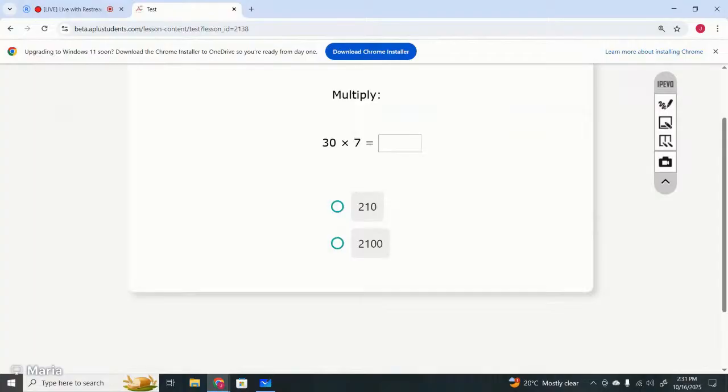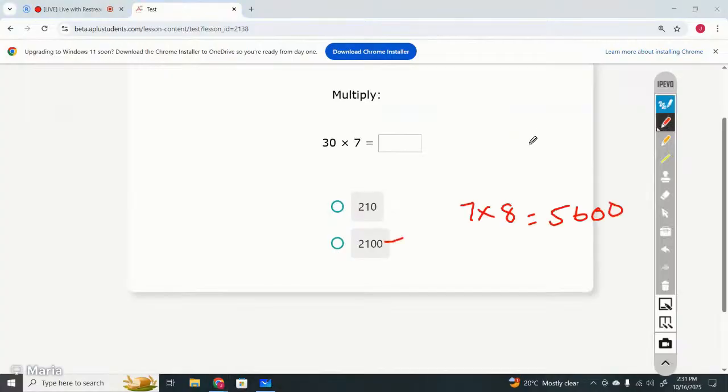30 times 7. 7 times 3 we have to do, and we know that 7 times 3 is 21, right?